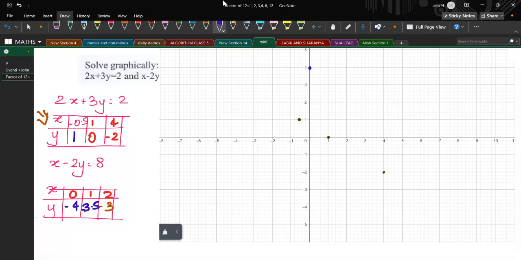0 and minus 4. So 0 from the x-axis and minus 4 from the y-axis. Let us make it a little darker. 1 and minus 3.5.